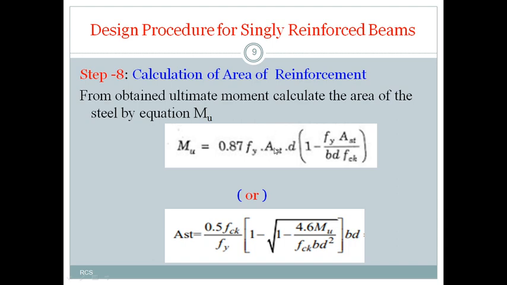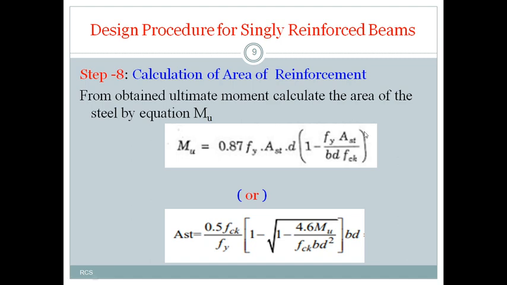The only disadvantage with calculating AST using this formula is that after substituting, we get a quadratic equation. Solving that quadratic equation is a little bit difficult compared to the ready-made formula we have here, from which we can directly calculate the AST value. For the quadratic equation we get two roots, and the positive root will be considered as the AST value, right?